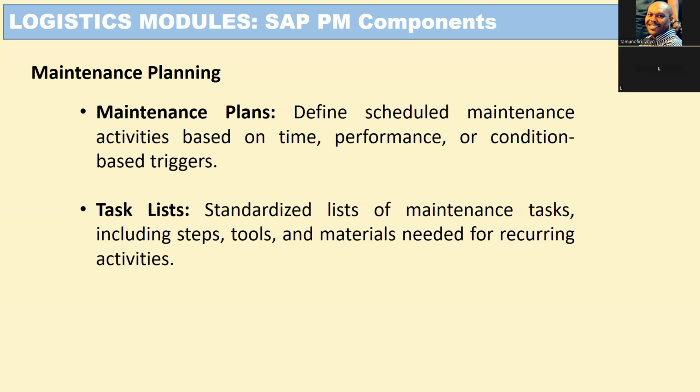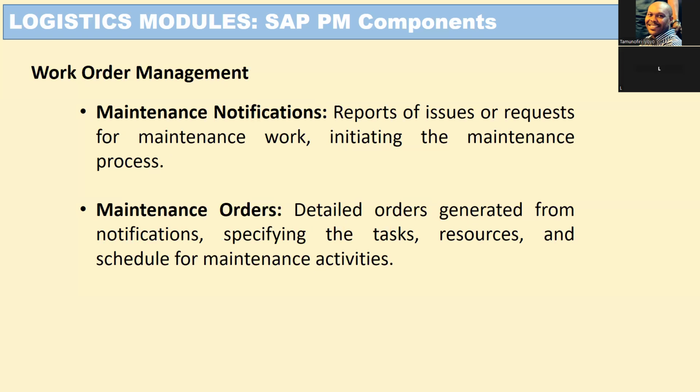So for maintenance planning, we have maintenance plans where we define scheduled maintenance activities based on time, performance, or condition-based triggers. Then we have the task list, a standardized list of maintenance tasks, including steps, tools, and materials needed for recurring activities. Then work order management, which is one of the components as well. What does work order management do? Maintenance notifications report issues or requests for maintenance work, initiating the maintenance process.